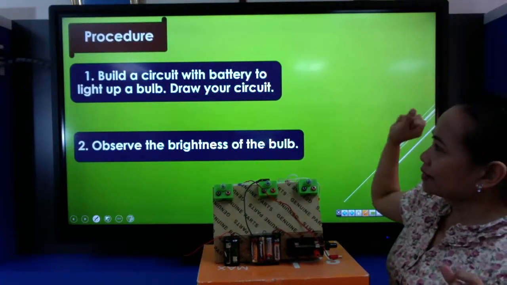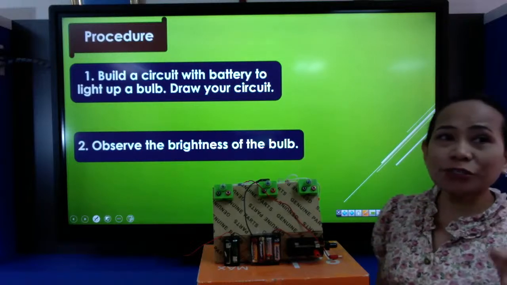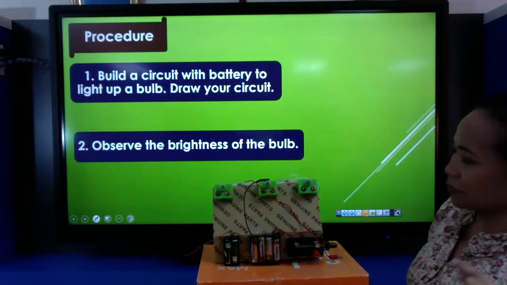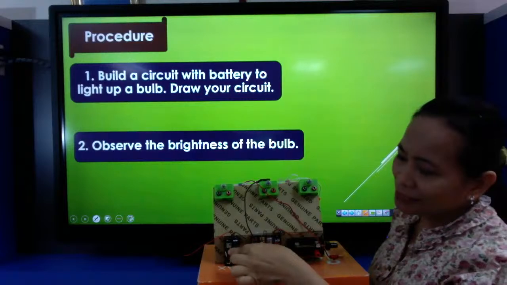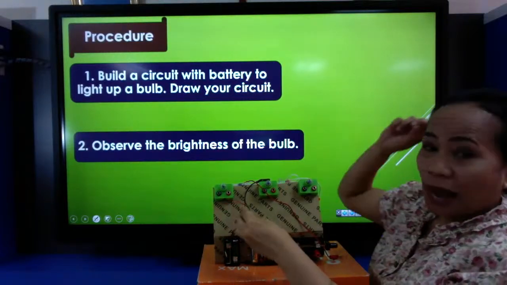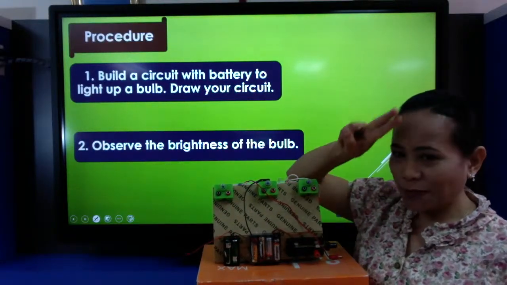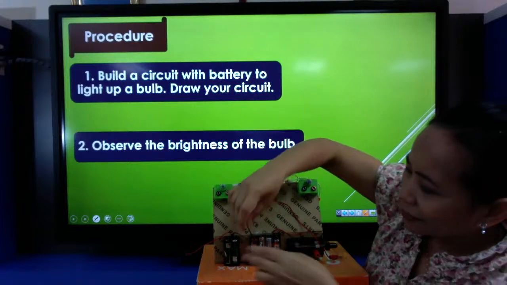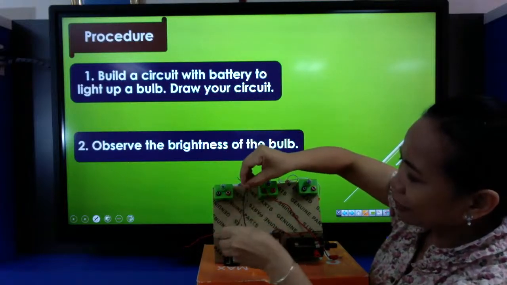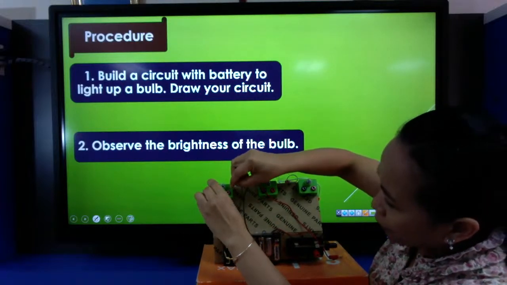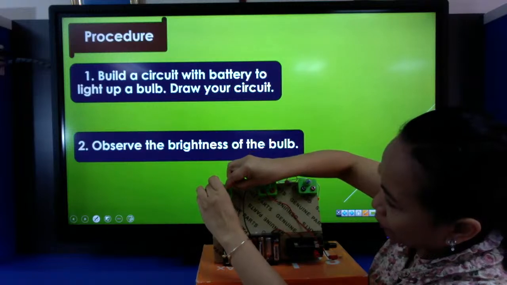Okay, so build the circuit with a battery to light up a bulb. Draw a circuit. It's simple like this. So I'm using two batteries. Okay, these two batteries, does it light up the bulb? I hope it works because it had a problem this morning.